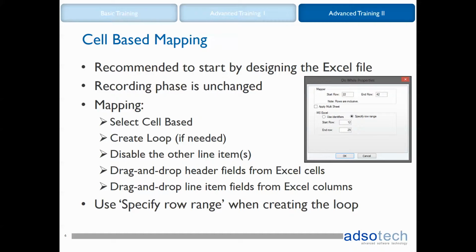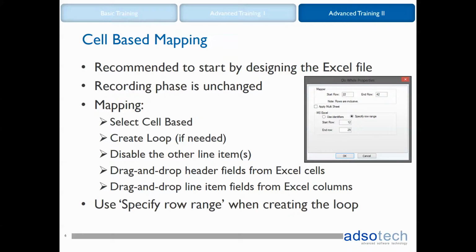When you're done with your Excel file, then you start your recording. The recording phase is unchanged compared to any other recording that we've done before. If you have a loop in your script, you still have to figure out how to make it repeatable and things like that. When we have completed our recording phase, we go to the mapper.